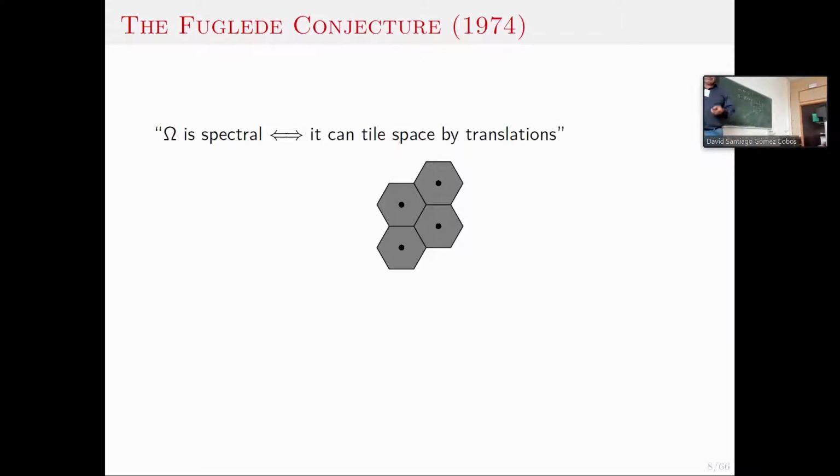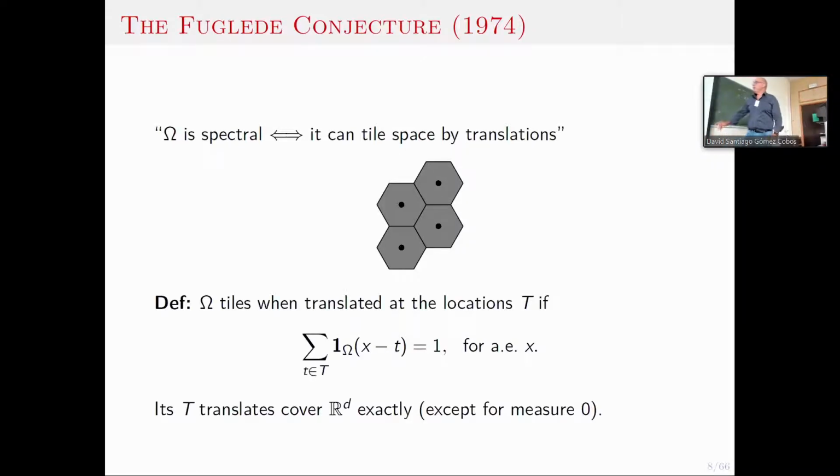By tiling by translation, I mean that, in more formal language, I take the indicator function of omega, I translate it at the locations described by the set capital T, I add them up, and I get a constant. We usually describe tiling in a more geometric language, like we take our set and copy it to the locations of T, and these must be disjoint and cover everything exactly once. That's how we usually describe it.